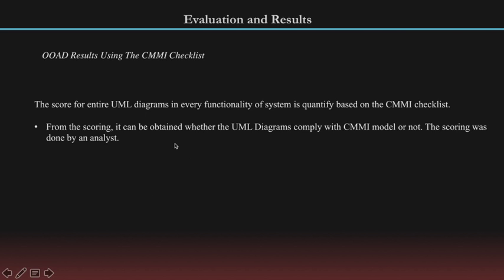So based on the entire UML diagrams, the functionality of the system is quantified based on the CMMI checklist. So from the scoring perspective, it can be obtained whether the UML diagram complies with the CMMI model or not.